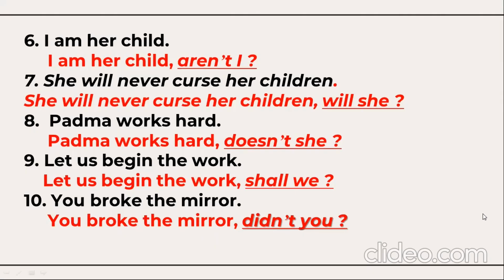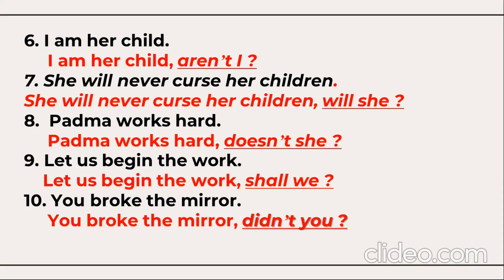So this is how you need to identify the helping verb. If the helping verb is given already, it's very easy. Then you can easily mention, if the sentence is in the positive or affirmative case, the question tag will be negative. If the sentence is negative, the question tag will be positive. And remember the word never, which indicates itself as a negative.